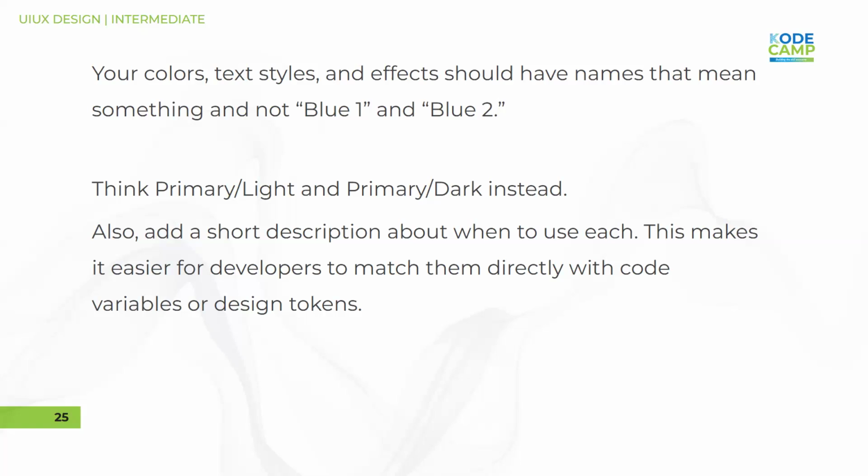Okay, so here is your pro move. Add a short description, as I've said earlier, to each style, explaining when and how to use it. So this is going to make it dead simple for developers to match your design styles directly to code variables or your design tokens, which is going to make the process faster and more consistent.